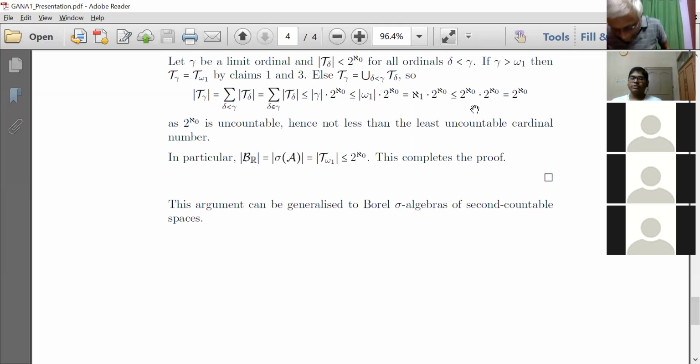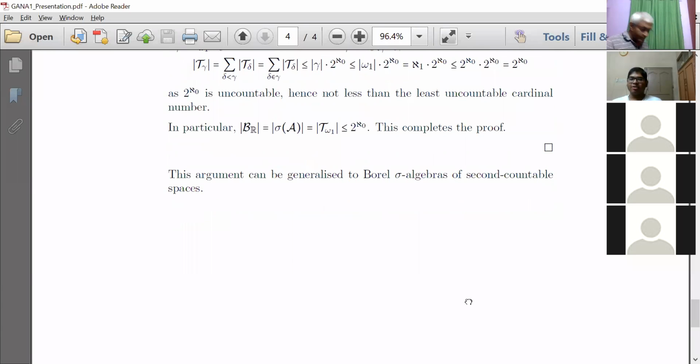So 2 to the power aleph naught is an uncountable cardinal number, and in particular must be greater than or equal to aleph 1. So we have this, and finally the cardinality of T of gamma is less than or equal to 2 to the power aleph naught. Hence we are done.